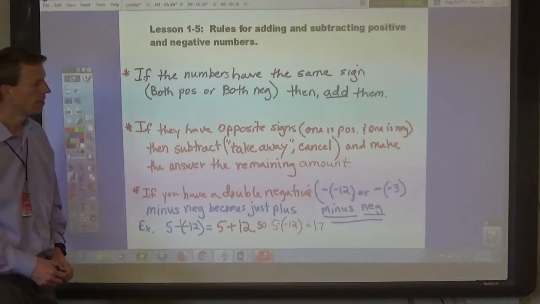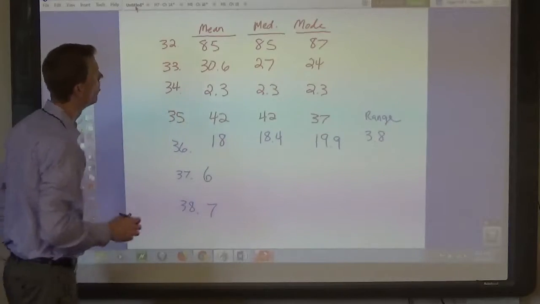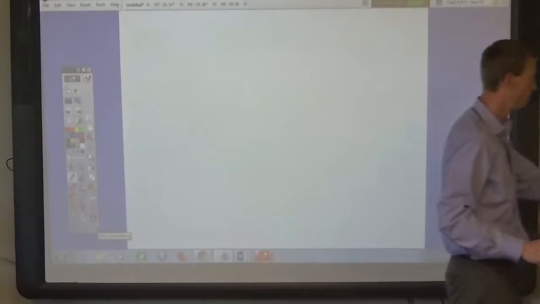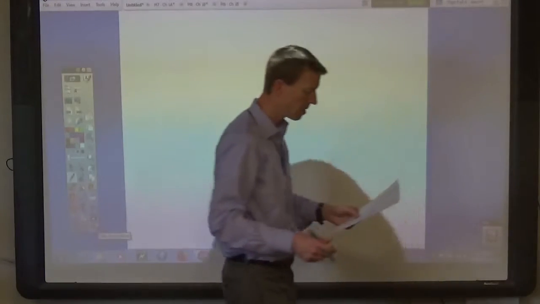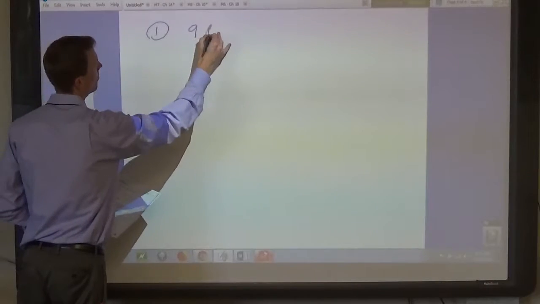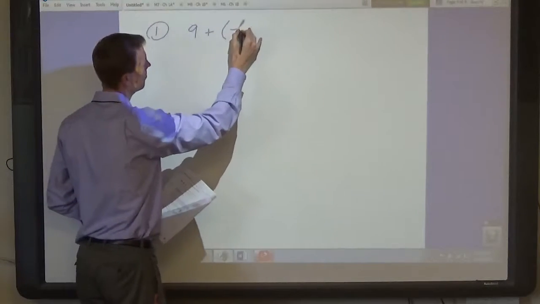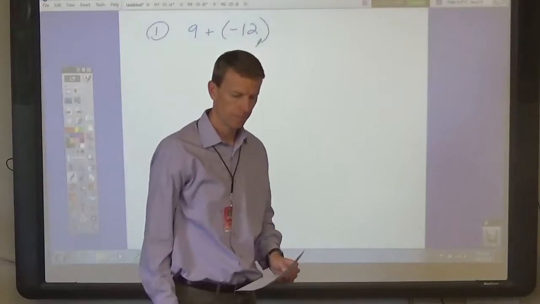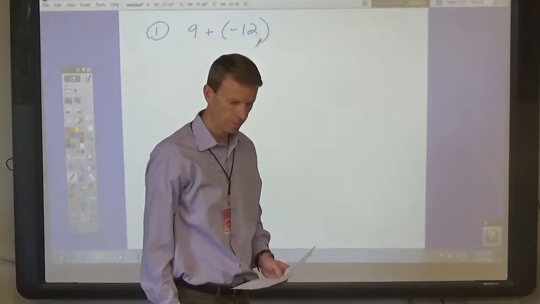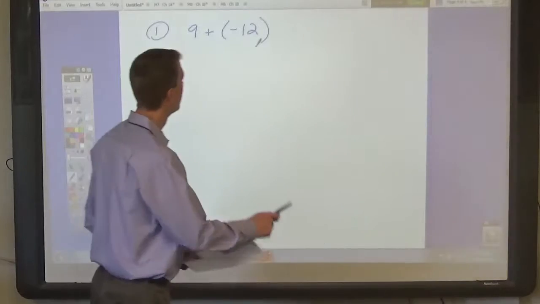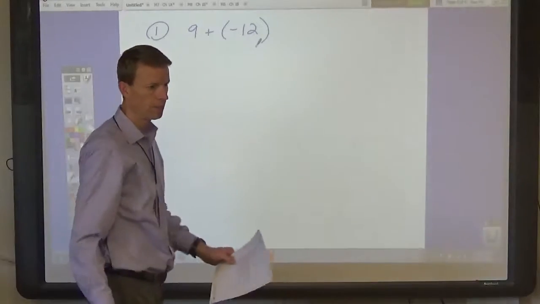Let's look at some examples from your homework. The first one. Do those two numbers have the same sign or opposite signs? Look at this. 9 plus negative 12.